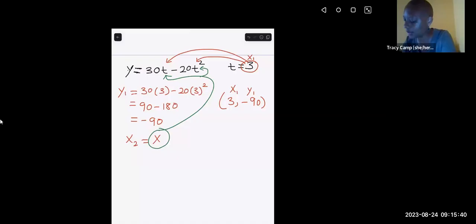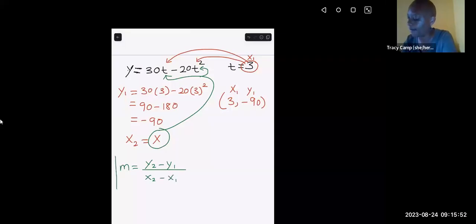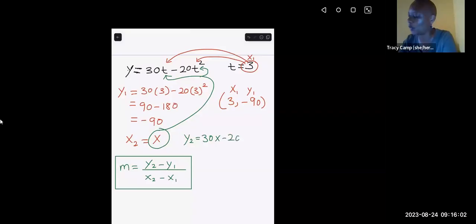But we're just going to make this a general situation here. Using the slope formula, y2 minus y1 over x2 minus x1. So x2 is x, so y2 would be 30x minus 20x squared.